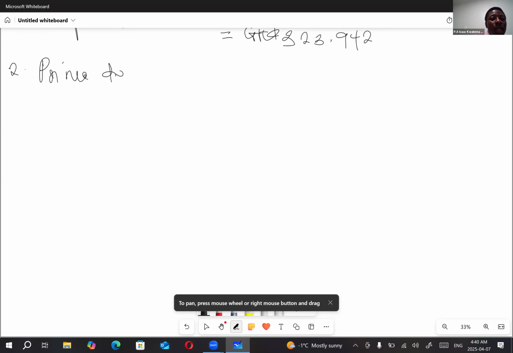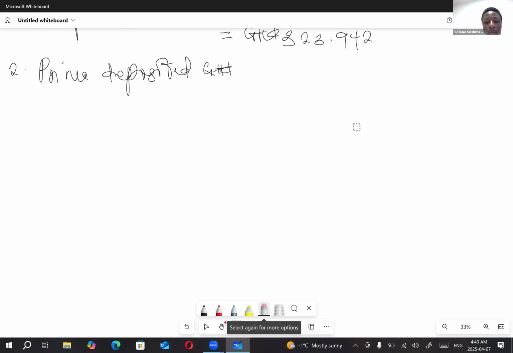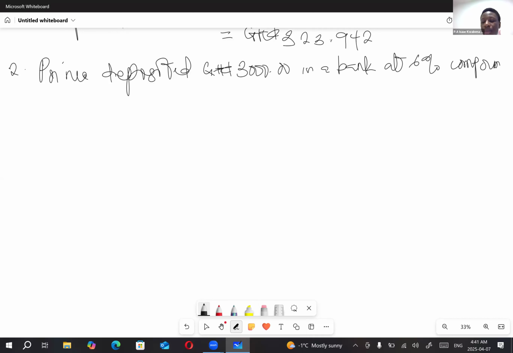Prince deposited 3,000 Ghana cedis in a bank at 6% per annum compound interest.